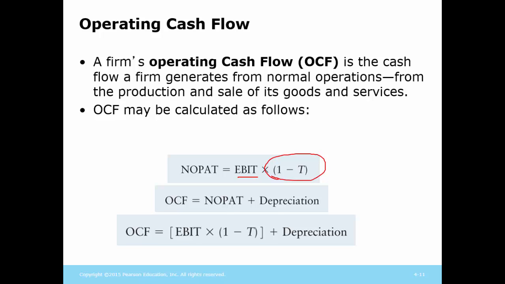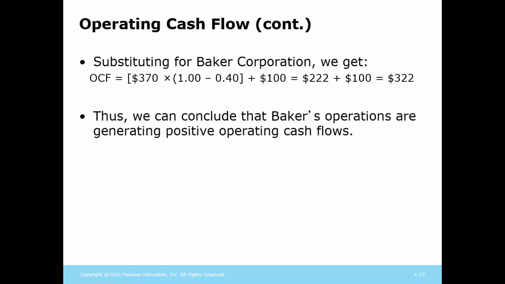So this designates the cash that's generated from normal operations. So we don't have to worry about selling off parts of the company, etc. This only comes from normal operations of the company. So for this particular company, we had $370 was the tax.